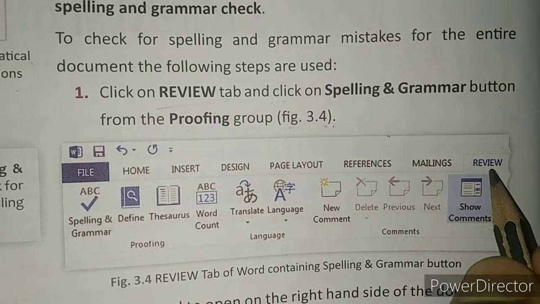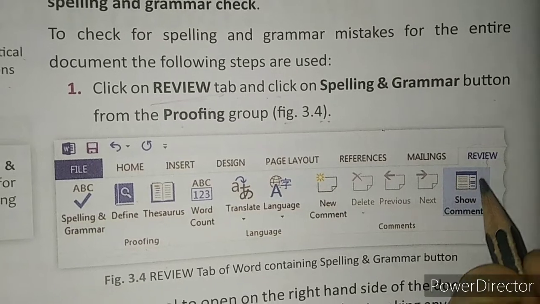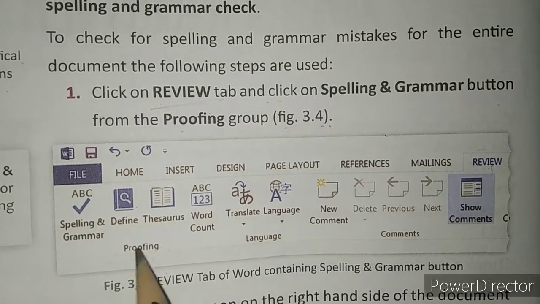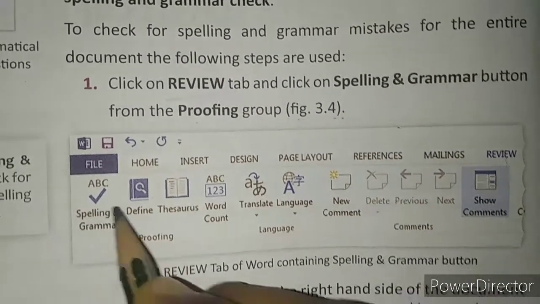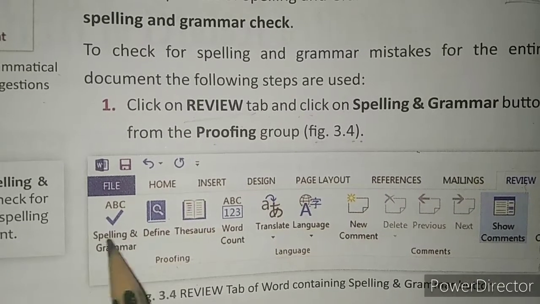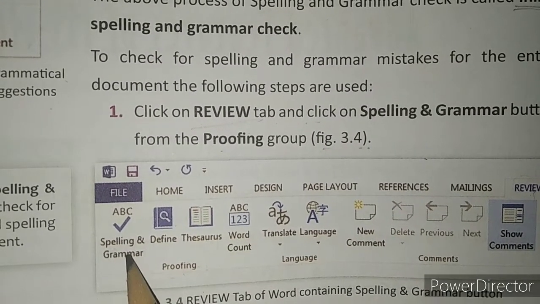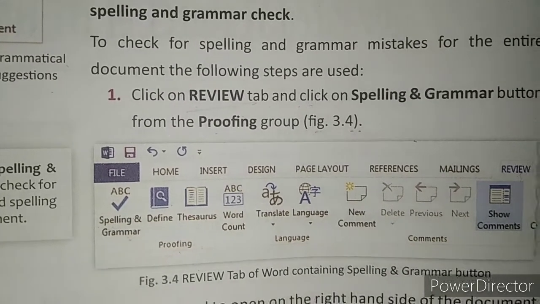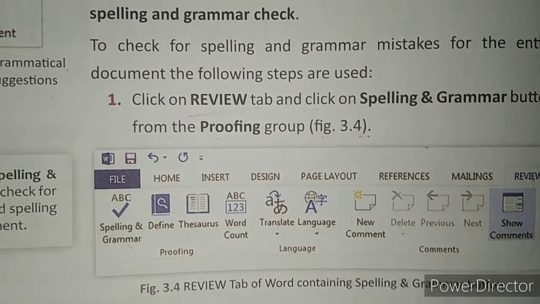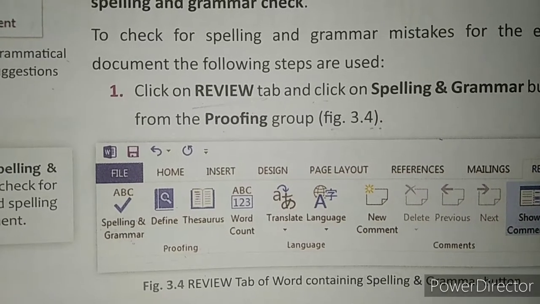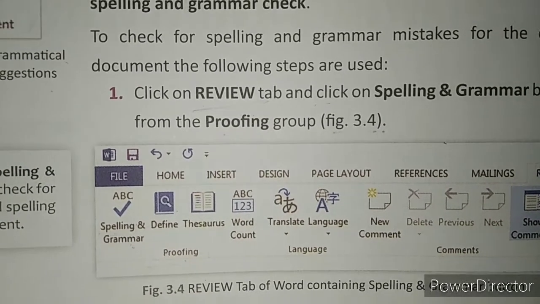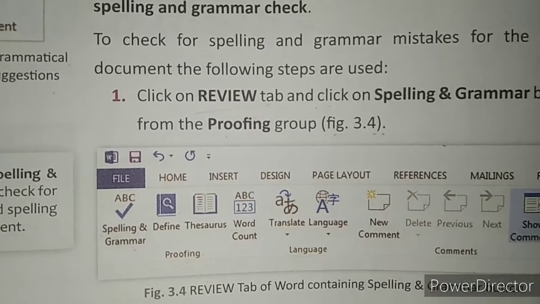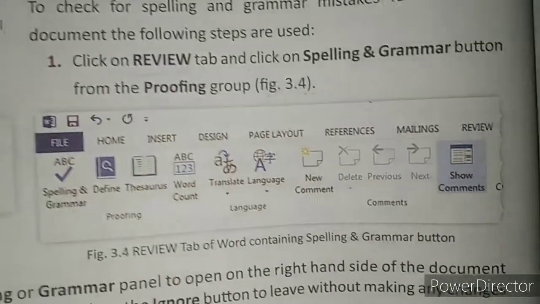But first of all click Review, and then in Review you have the Proofing group, and here you click Spelling and Grammar. When you click on this option, a new window appears which shows the grammar panel, right?